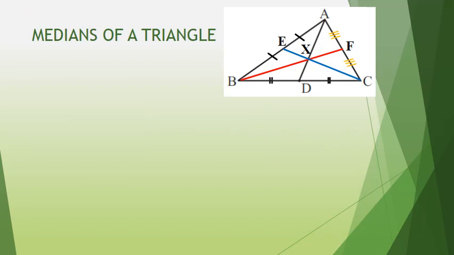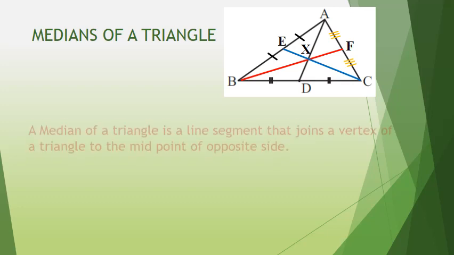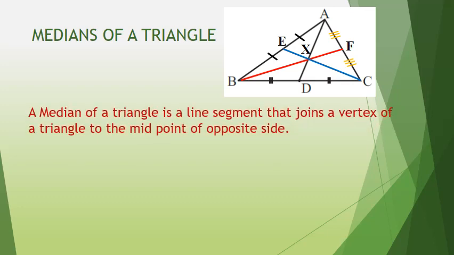Next, we have to study the median of a triangle. Let's see what is meant by the median of a triangle. A median of a triangle is a line segment that joins a vertex of a triangle to the midpoint of the opposite side.